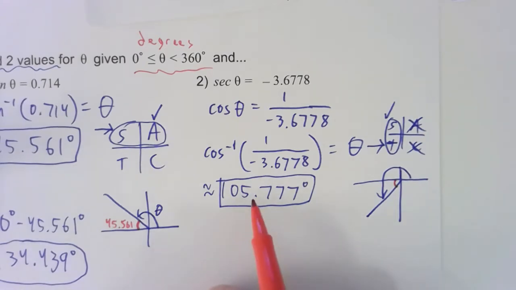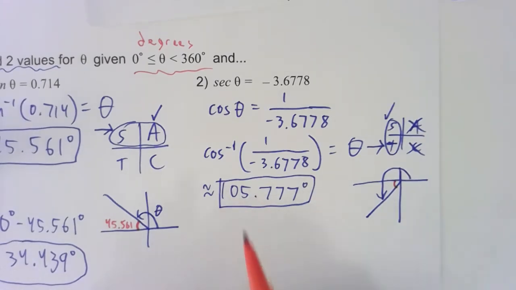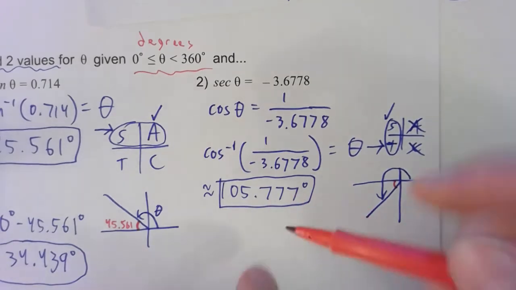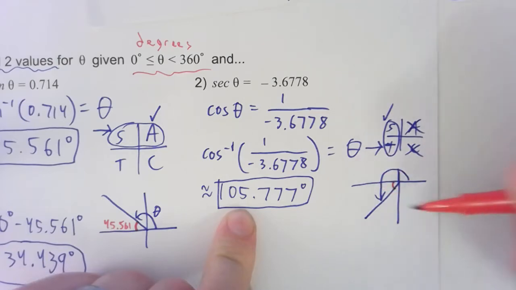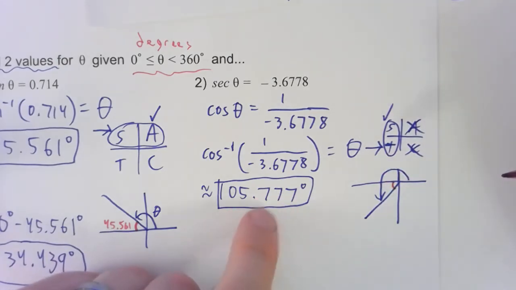This is too big to be a reference angle. Remember, reference angles have to be cute little angles. Acute. They have to be less than 90 degrees. They have to be first quadrant angles. 105 degrees, that's an obtuse angle. That's bigger than 90. That's way too big to fit right here. So this is not the reference angle.